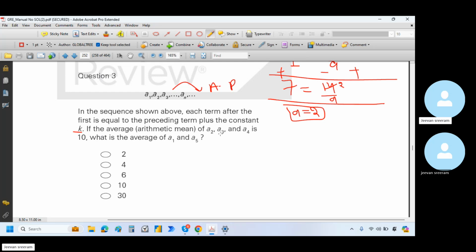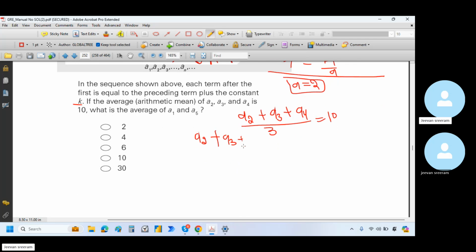If the average (arithmetic mean) of A2, A3, A4 is 10, so A2 plus A3 plus A4 divided by 3 is 10, which means A2 plus A3 plus A4 is 30.